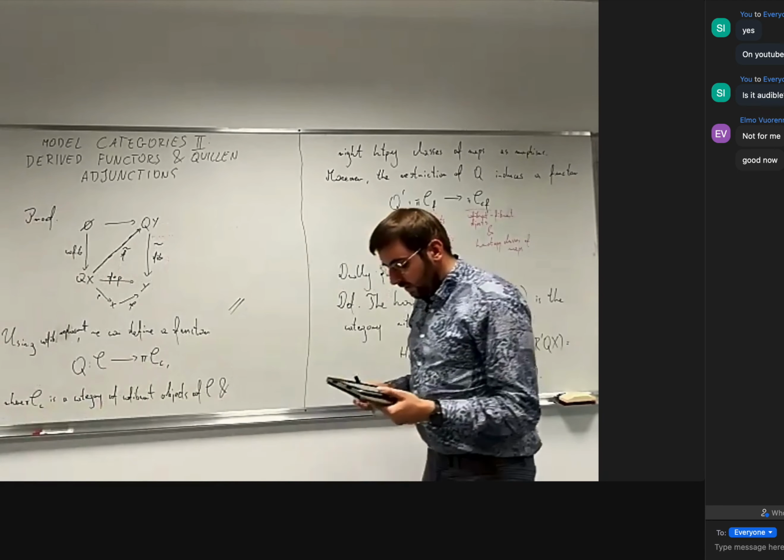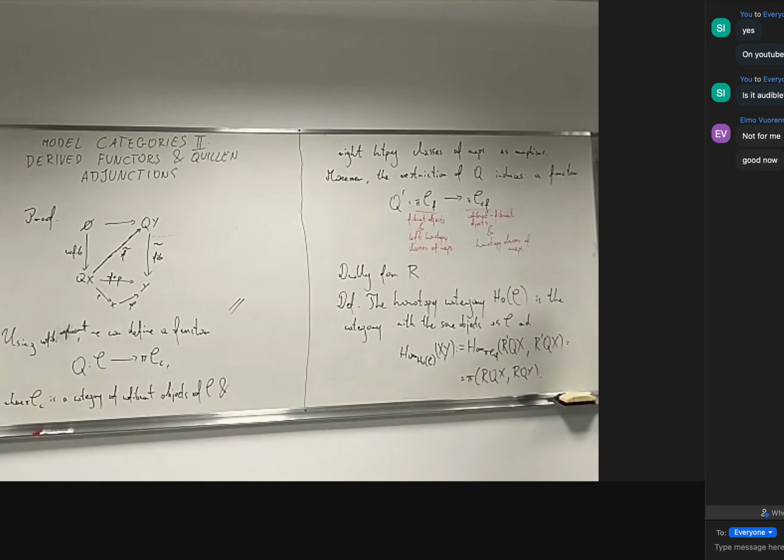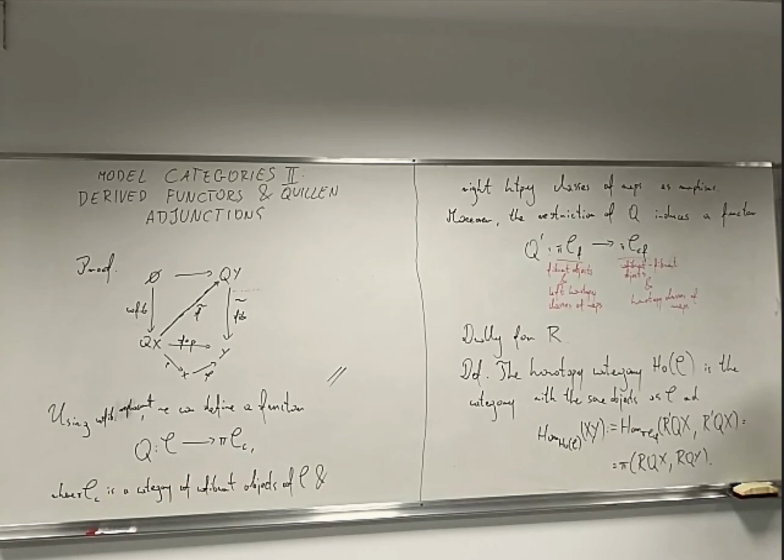Okay, so one of the things with model category theory is that, at least for me, once you make this definition, you don't really see what the homotopy classes of maps are. We'll provide a more conceptual definition in a moment.